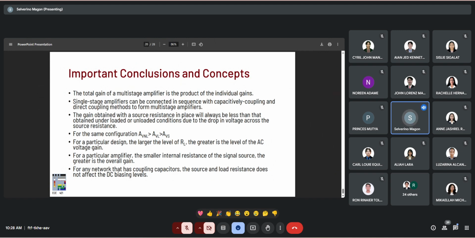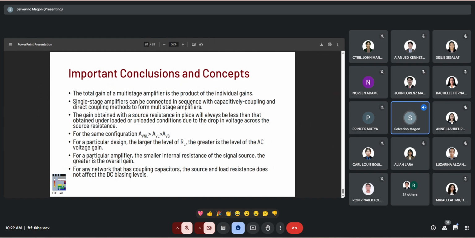The total gain of a multi-stage amplifier is the product of the individual gains. Single-stage amplifiers can be connected in sequence with capacitively coupled and direct coupled configurations to form multi-stage amplifiers. The gain obtained with the source resistance in place will always be less than that obtained under the loaded or unloaded conditions due to the drop in voltage across the source resistance.